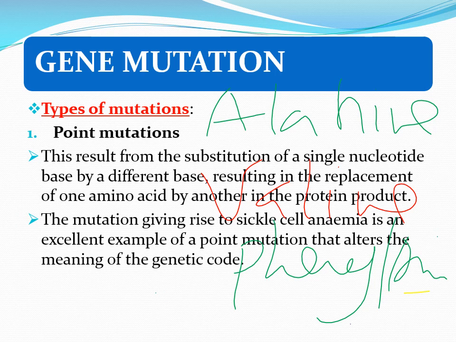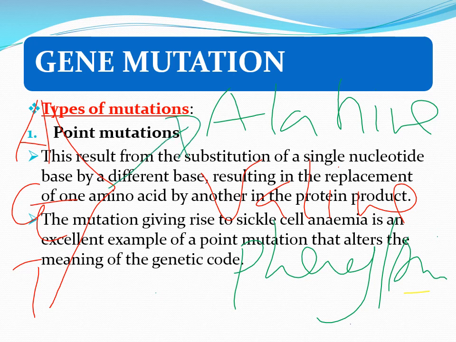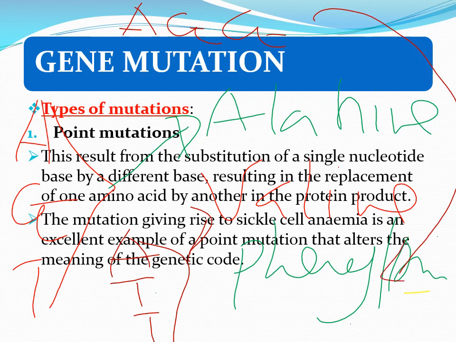Assume now we have the sequence adenine, guanine, thymine. Maybe it denotes alanine, while adenine, thymine is responsible for valine, and adenine, guanine is responsible for phenylalanine.